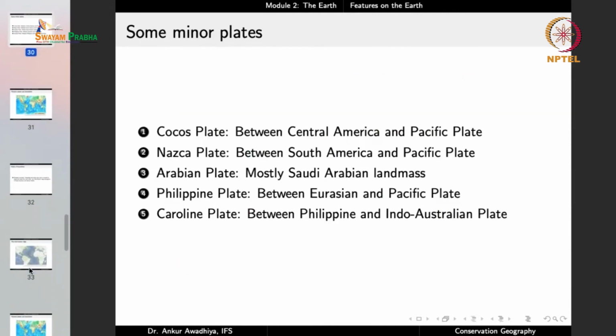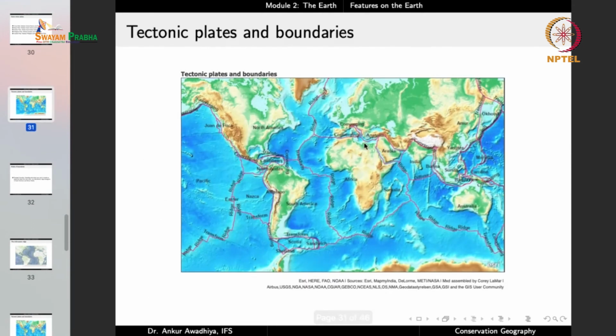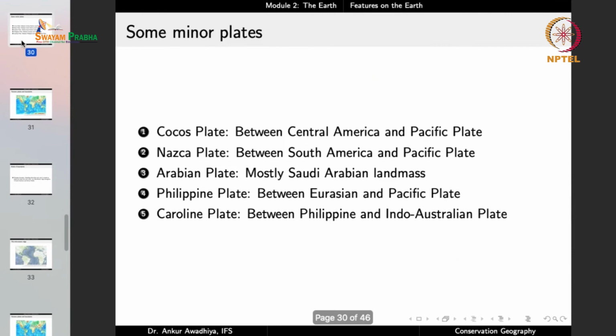We also have a number of minor plates which are smaller size plates like the Cocos plate, Nazca plate, Arabian plate, Philippine plate and Caroline plate. So when we talk about smaller plates, like this is Arabia, this is the Arabian plate, very small in size. Similarly, here we have the Caribbean plate. So we have major plates and we have minor plates.